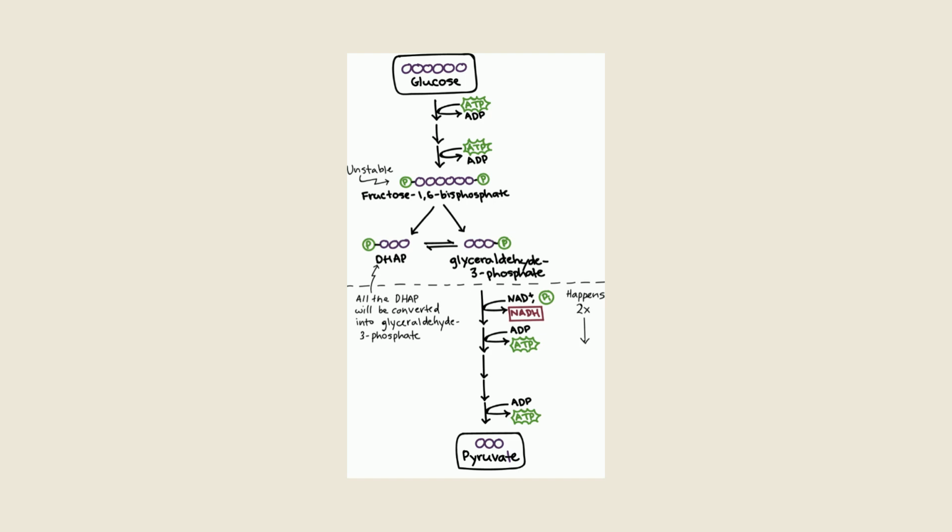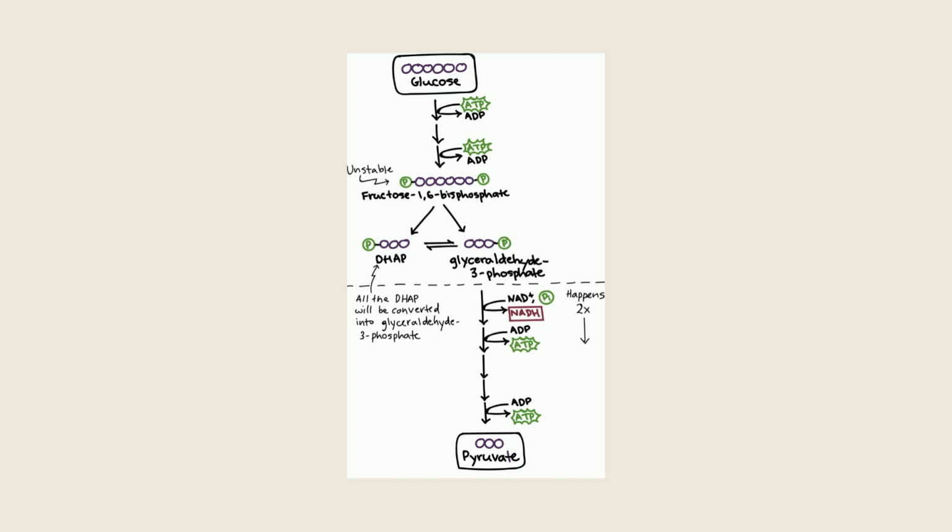For the ATP that is required in glycolysis, as we have mentioned, one phosphate group from each ATP will separate from the main ATP, which is converted into ADP, and this phosphate group will combine with our glucose.